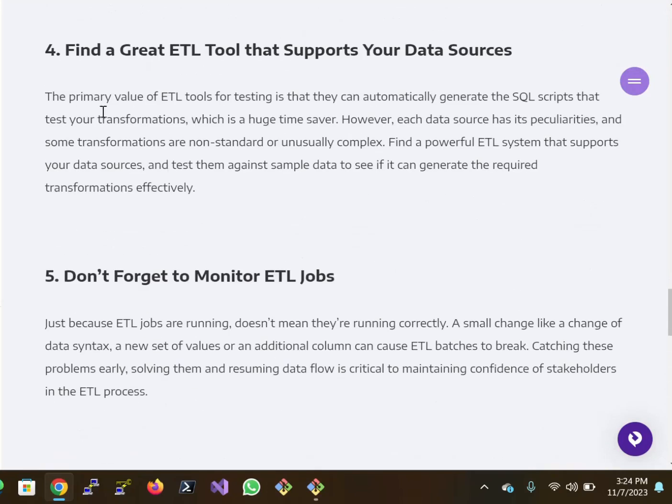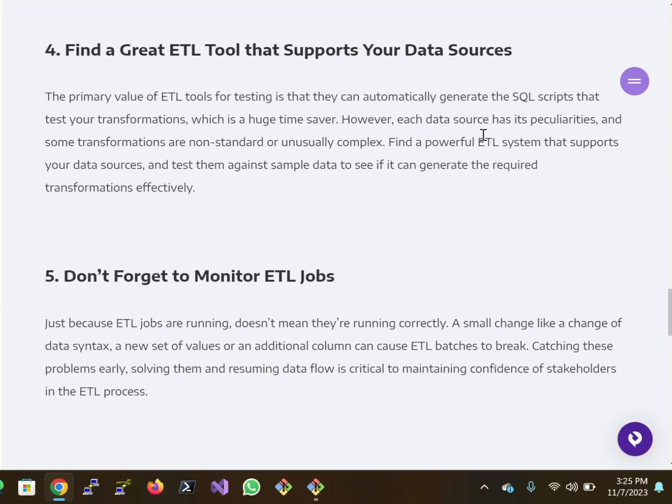The fourth tip is find a great ETL tool that supports your data sources. This is also very important, finding the proper ETL tool which supports our data. The primary value of ETL tools for testing is that they can automatically generate the SQL script that tests your transformations, which is a huge time saver.